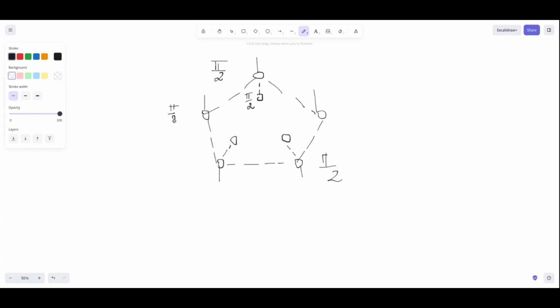You can skip until I finish the drawing, because there is nothing to understand, that's just the exercise at this point. Pi over 2.